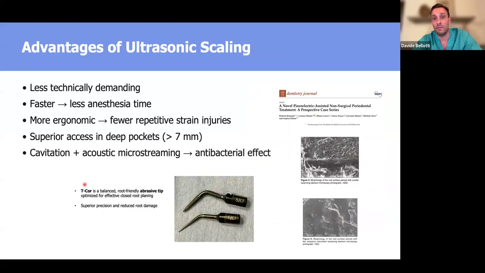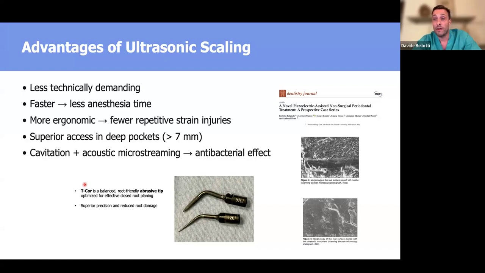The advantage of ultrasound scaling is that it's less technically demanding. So it's faster, and we know that anesthesia time is critical. It's more ergonomic, in that we don't use strokes, and we just need to hold the scaler in the right position. It gets superior access in deep pockets.